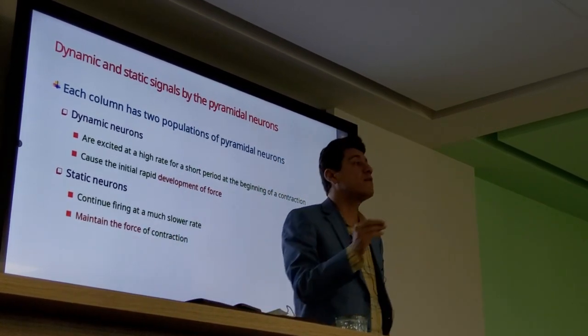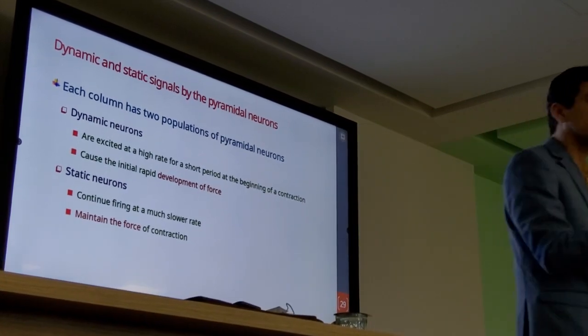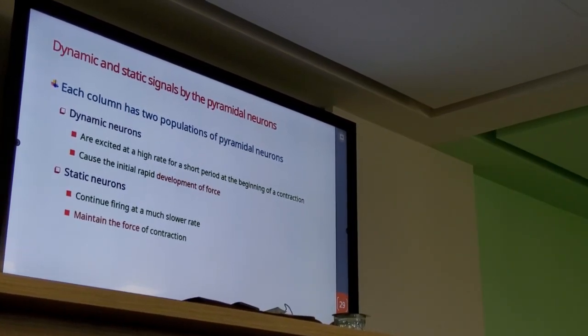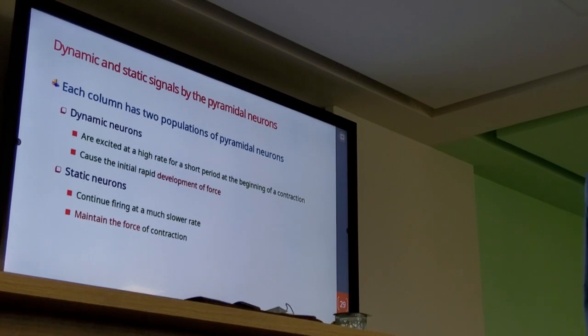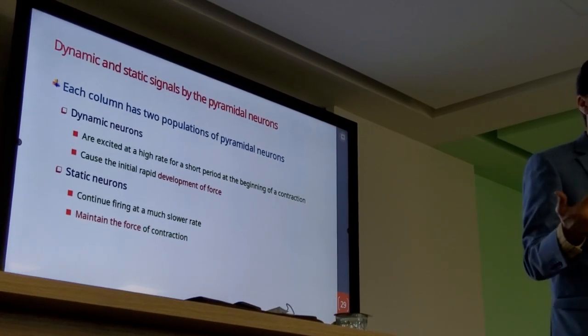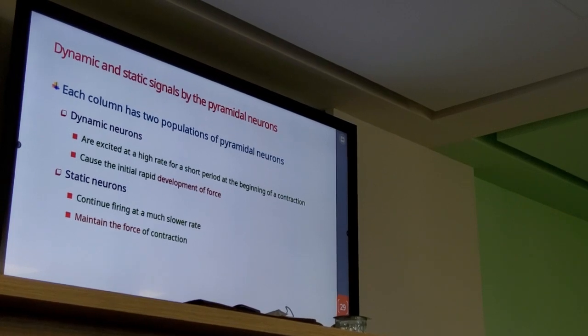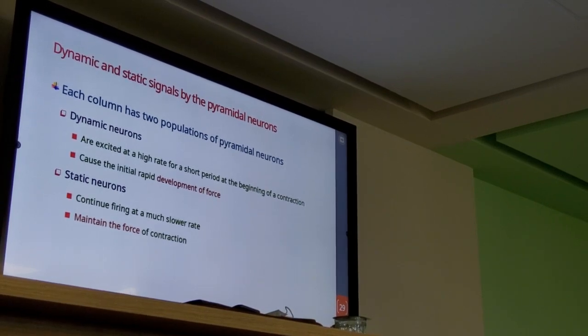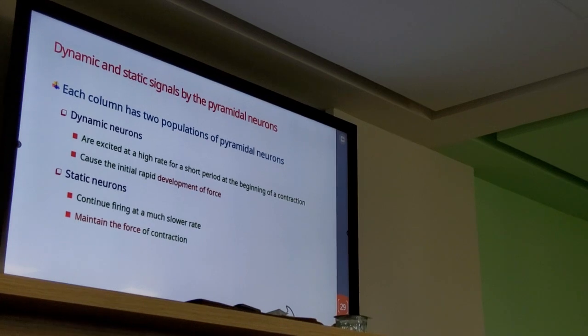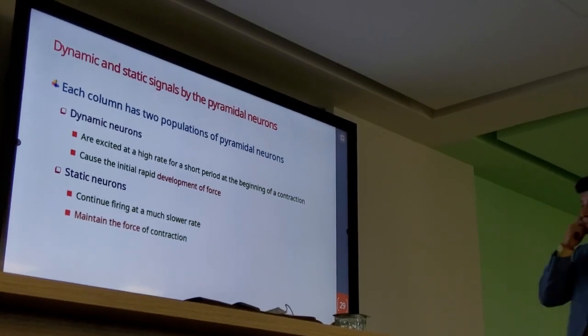Dynamic neurons are involved at the beginning of a movement. So when they are activated, they cause initiation of a movement. But static neurons can maintain the signal or can maintain the contraction. So at the beginning of a movement, dynamic neurons are activated. When the movement is going on, static neurons are active, right?